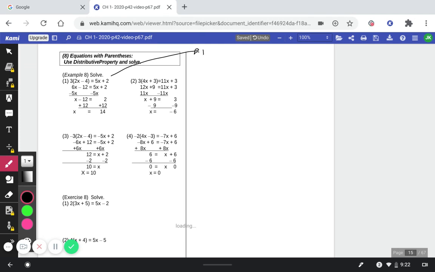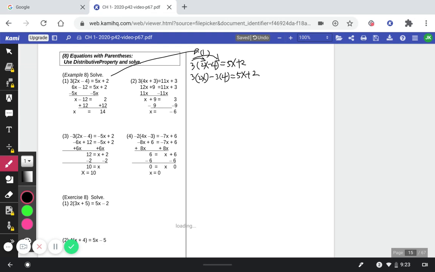For example, like number 1, you have 3 times the quantity 2x minus 4 equals 5x plus 2. So whenever there is a number in front of parentheses, you're supposed to distribute the number and multiply it with each term. So you end up with 3 times 2x minus 3 times 4 equal to 5x plus 2.